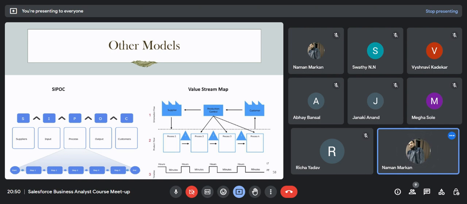Ideally, you want to map from the supplier side to the customer side, and use this type of map to record the measurement of input and output of the process, to identify what exactly the wastages are in each stage of the process.